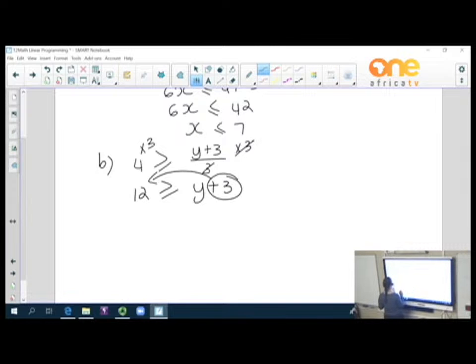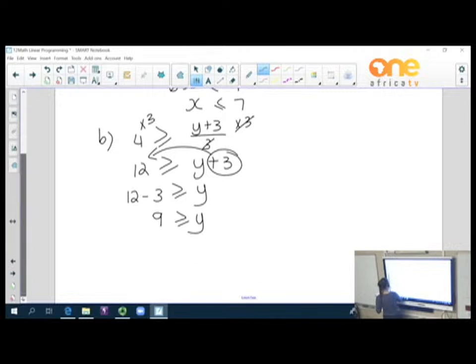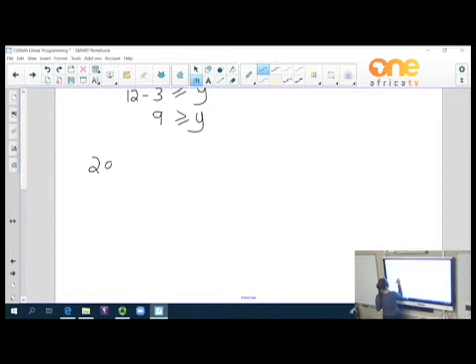Like terms to the same side, 12 minus 3, if the positive is taken over, it becomes a negative. So 9 is more than or equal to y. That's number 1. Then we can go to number 2a, where we have the double inequalities again.